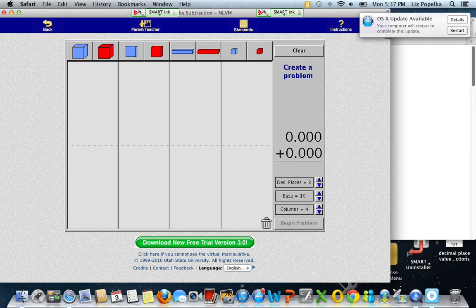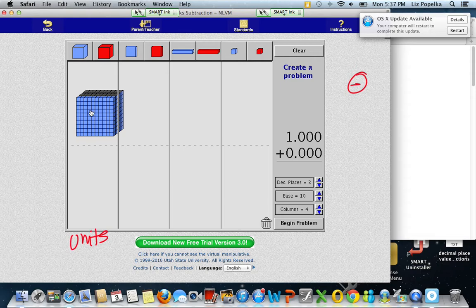Allow me to demonstrate. Just like the red chips on the previous page had minuses on them to represent negatives, here on our base 10 blocks, and don't forget, in case you haven't seen our review videos on decimal addition in a while, these guys right here are our units place. These giant cubes represent 1.